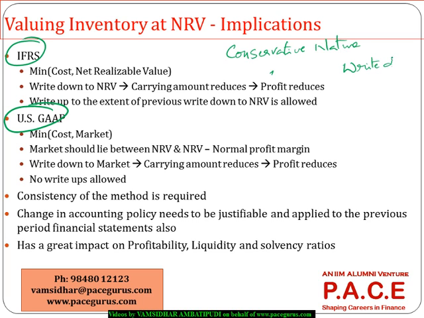A write down is typically a decrease in the value of the inventory, especially when there is a huge decrease in the value of the inventory as per the market. How do you accommodate that?